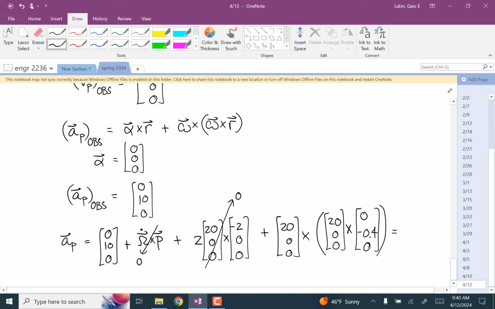Do these calculations, and in this case, because of the way things are aligned, this looks simple. We just get 0, 170, 0. You won't always just get a single non-zero component. But without this rotating coordinate system approach, we'd have no way to deal with this.